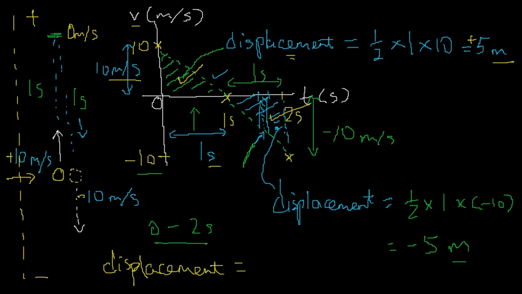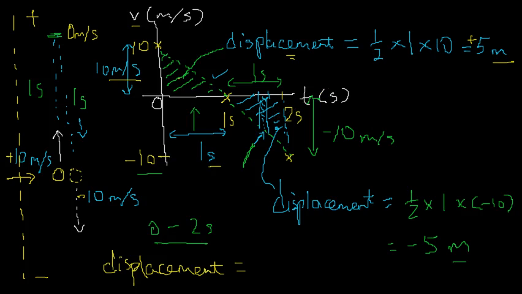They're on different sides of the time axis. That's rather odd. Well, the way to do it is to add up these two areas, to total up the area. That will give us the displacement between 0 and 2 seconds.